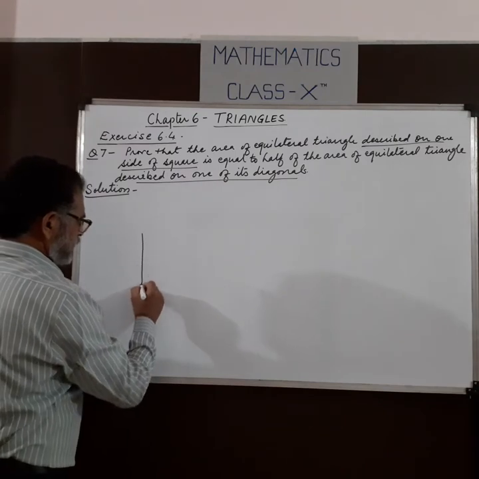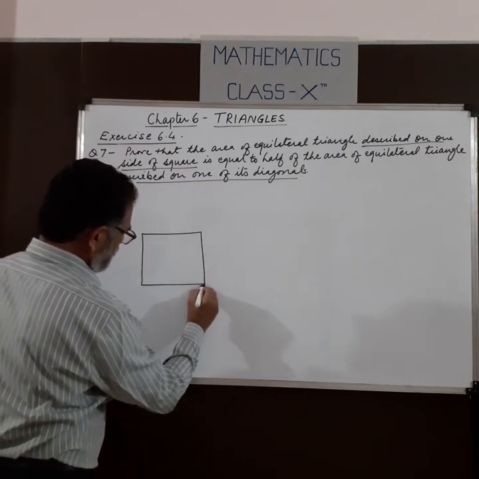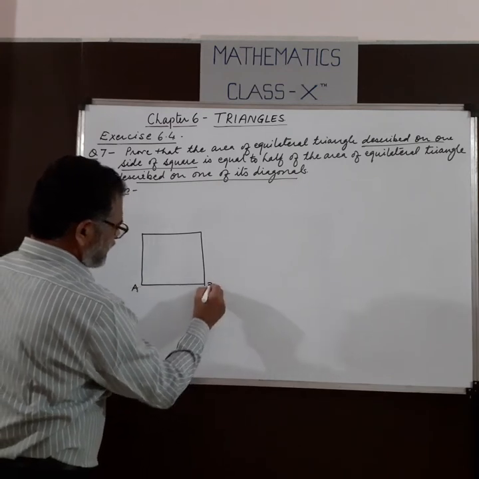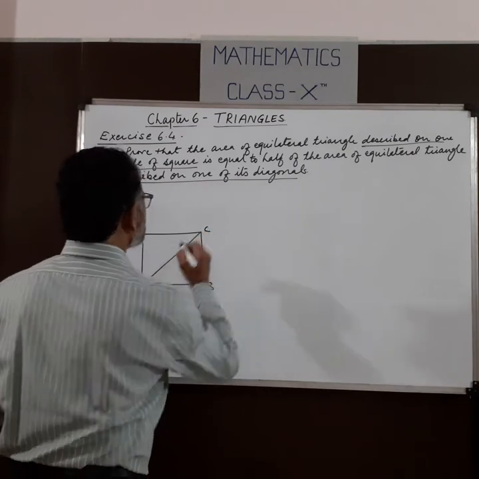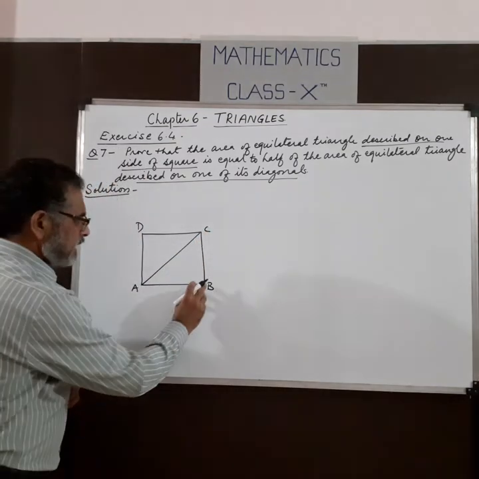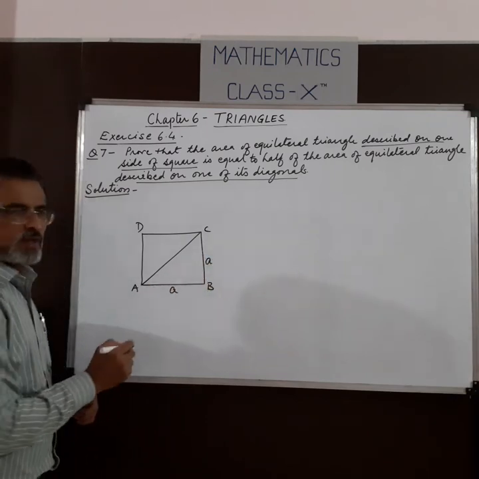Let us take a square. Suppose this is a square, ABCD is a square, and AC is its diagonal. Okay. Let the side of the square be A.